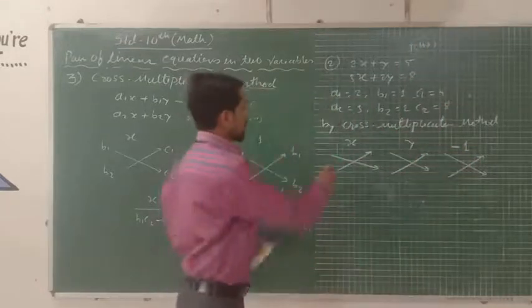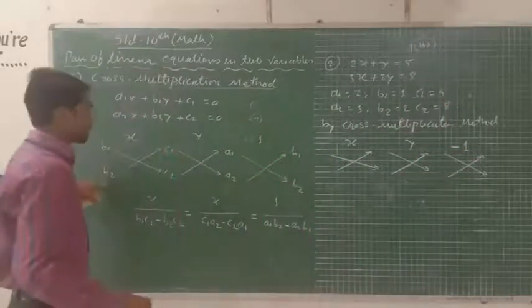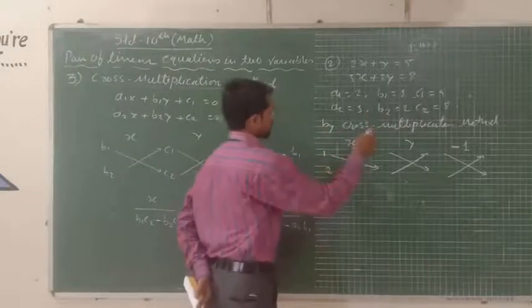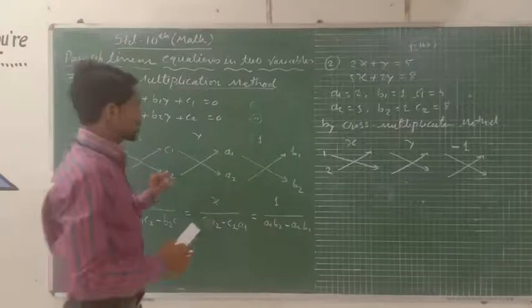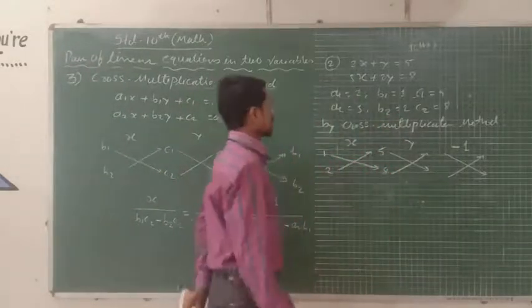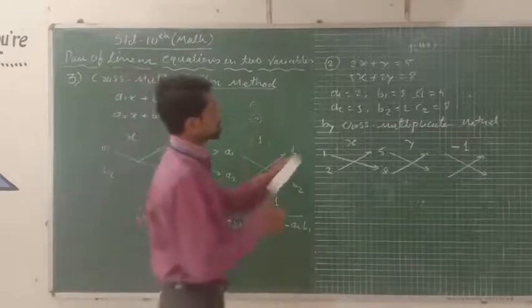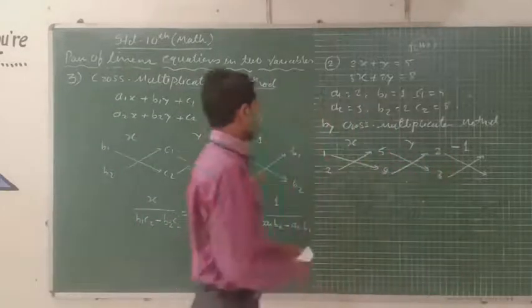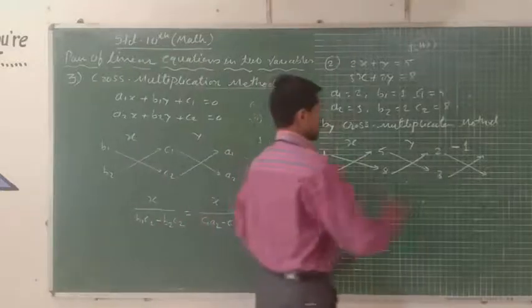Now put what is here, b1 by b2. What is b1? 1 by 2. Then c1 by c2. What is c1? It is 5 by 8. Then a1 by a2, that is 2 by 3. Then b1 and b2, so it is 1 by 2.